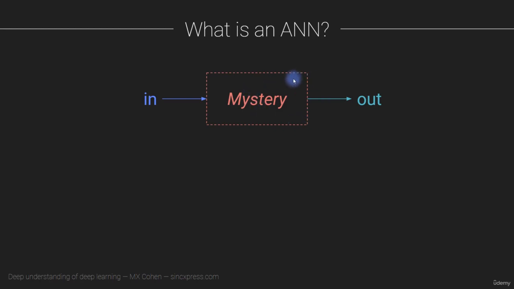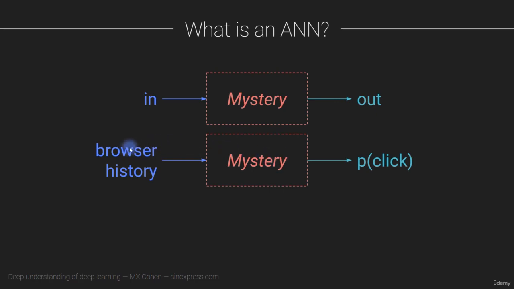So there are some algorithms that examine your web browser history to try to make predictions about the kinds of advertisements or videos or other sites that you are likely to click on. So the input is your browser history, the output is the probability of clicking through some link, and there's some fancy algorithm here in the middle that is doing this transformation. Another example is credit card fraud.